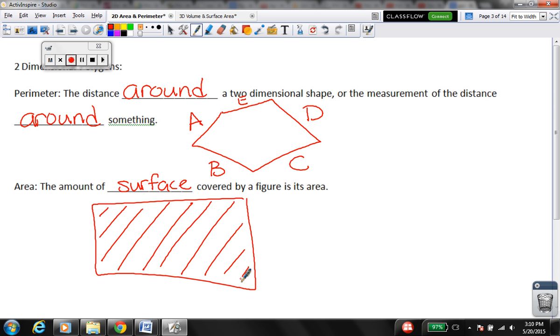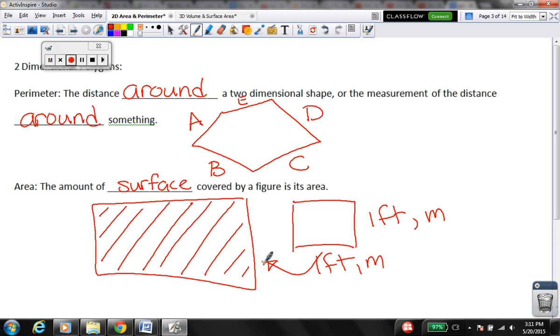Now when we talk about area, we usually say it is in a range of blocks. So it's in the range of 1 foot by 1 foot blocks. It could be meter by meter. So what we end up doing is we say how many of these blocks can we put inside of our figure, and that's how we're able to determine area, how much of one thing can fit into another.